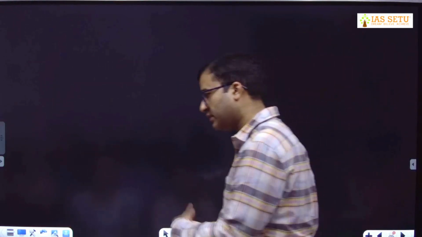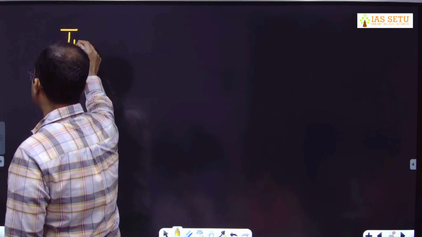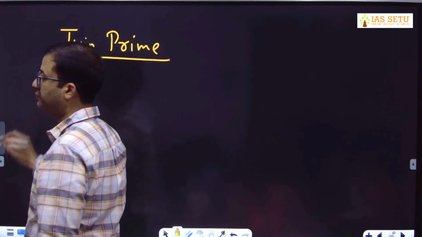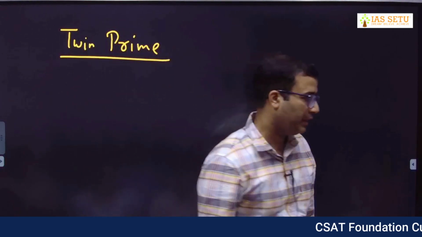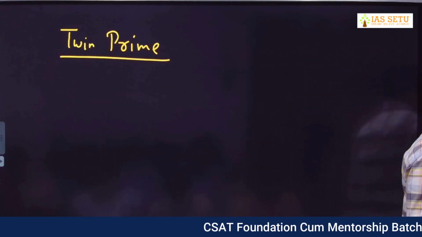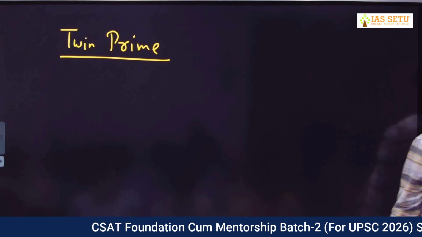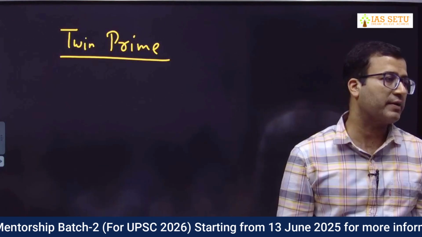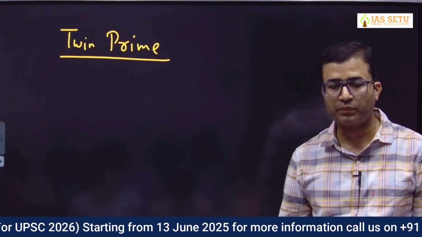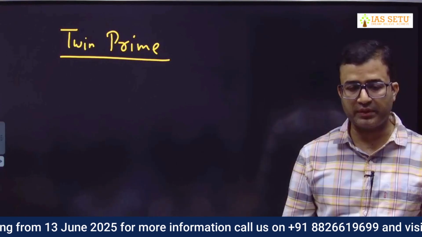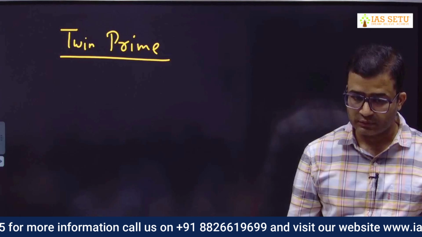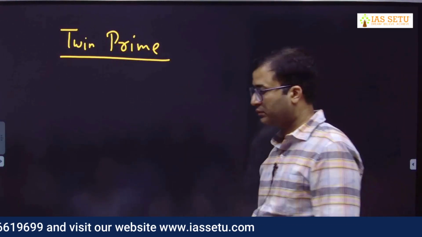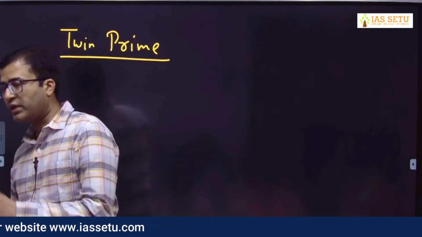I tell you one more concept. Twin prime. Can anyone tell me the concept of twin prime? Two consecutive prime numbers. The difference is only two. So you write: what are twin primes?